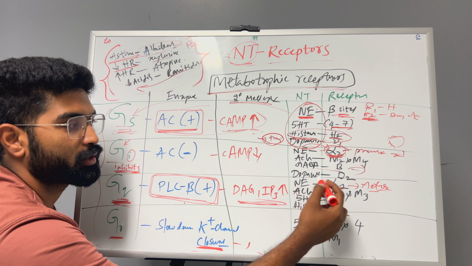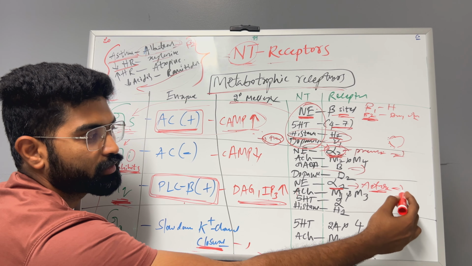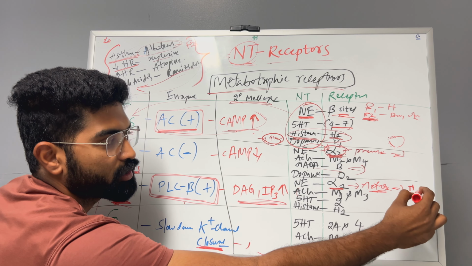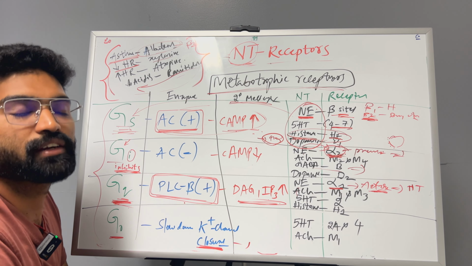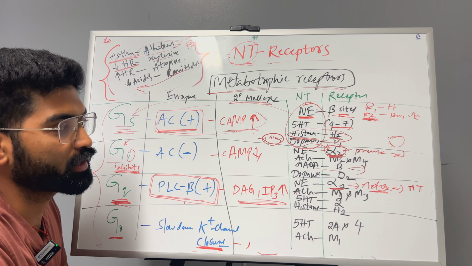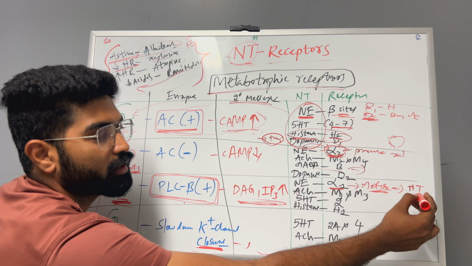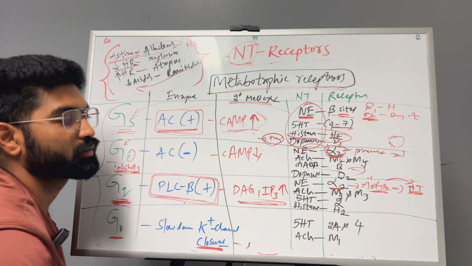Once norepinephrine goes and binds with the alpha 1, it will constrict the arteriole. Once the arteriole is constricted, it will lead to hypertension. Constriction of the arterioles means an increase in the peripheral resistance. If the peripheral resistance is increased, it will lead to the pooling of blood in front of the arteriole, that is nothing but hypertension.